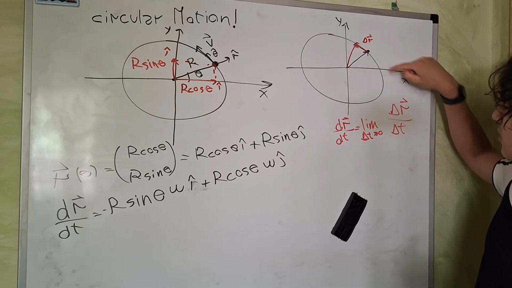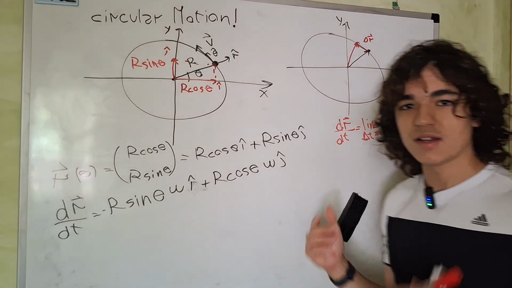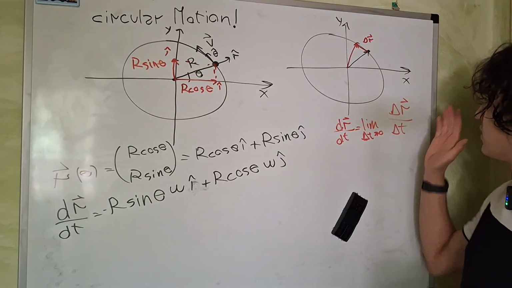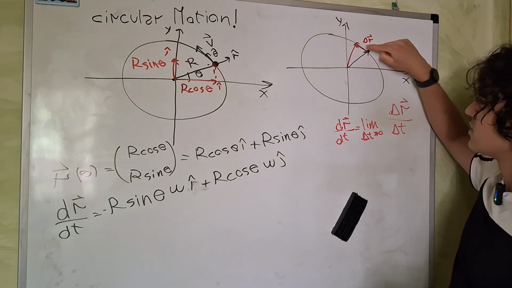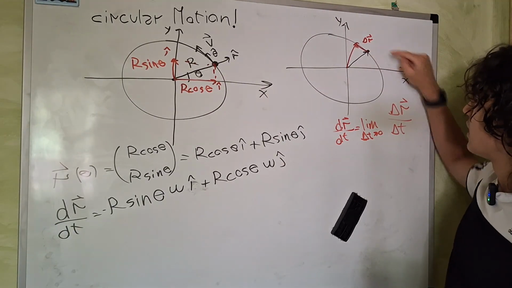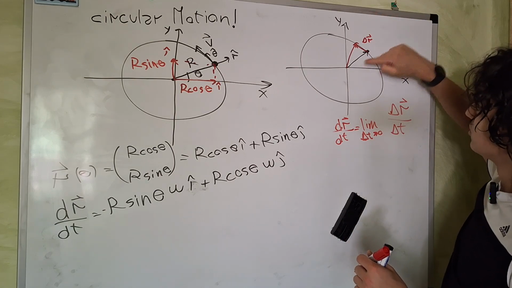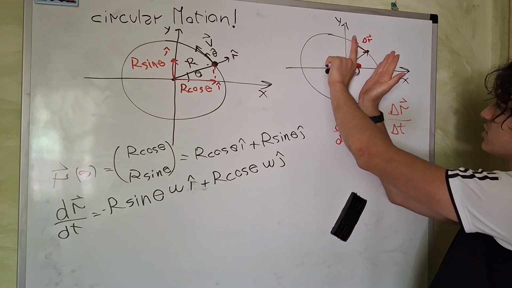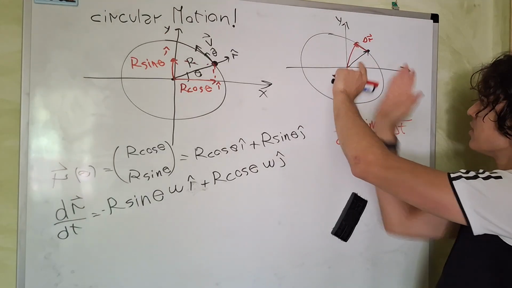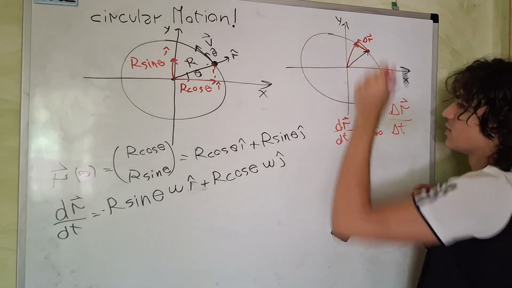So delta t is just a number, a scalar that multiplies delta r, so the direction should be perpendicular to this position vector, because as this red position vector approaches the first one, they should get perpendicular.